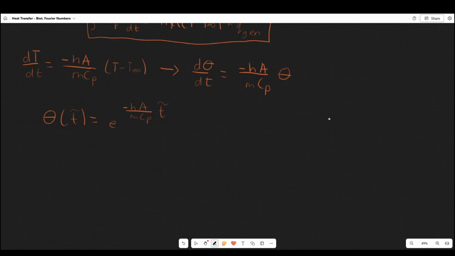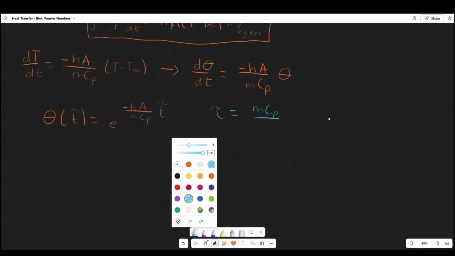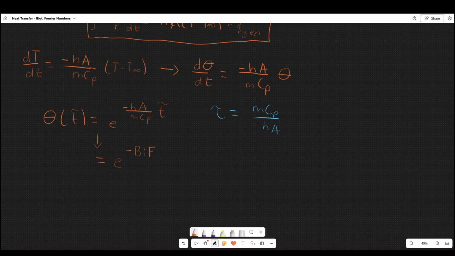And then we can define a new variable called tau, which is equivalent to mCp divided by hA, and this basically returns back to e to the minus Biot number times Fourier number. And this is the main thing that we want.